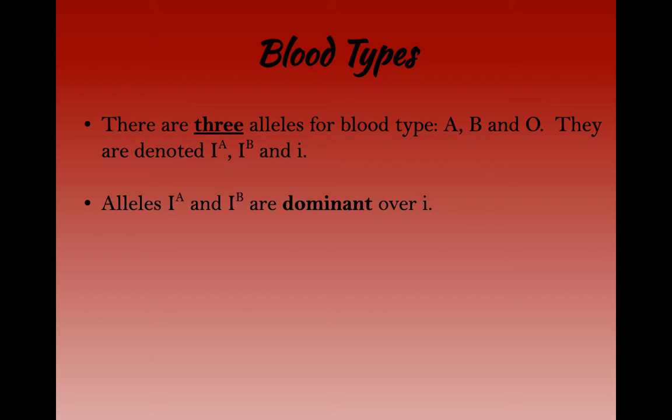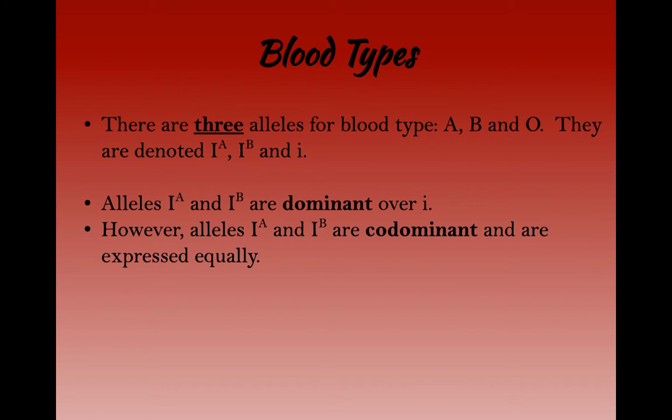The A allele and the B allele, because they are uppercase, are dominant over the little i, which is the O allele. And the way that the A and B alleles are written tells you that they are codominant. So alleles A and B are expressed equally when they are present, and they are both dominant over the O allele.